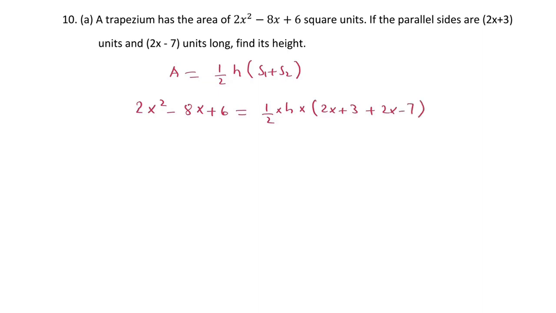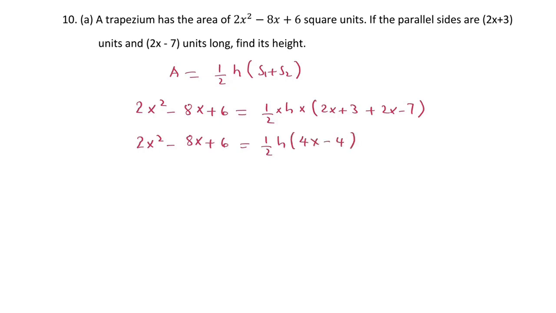Okay, so now let us combine the like terms inside the brackets. Our equation is going to be 2x squared minus 8x plus 6 equals 1 over 2h in brackets 4x minus 4.